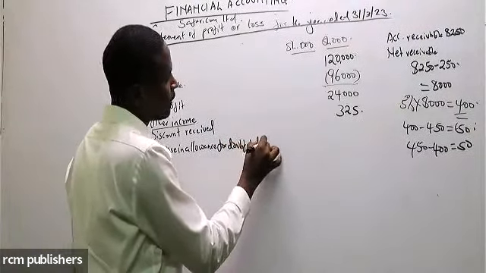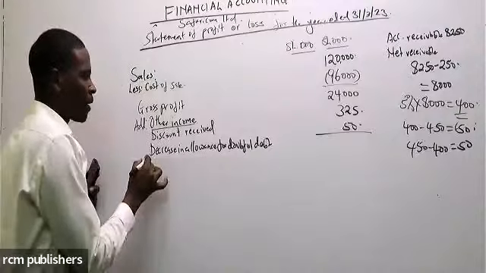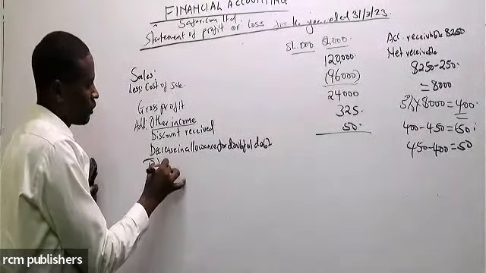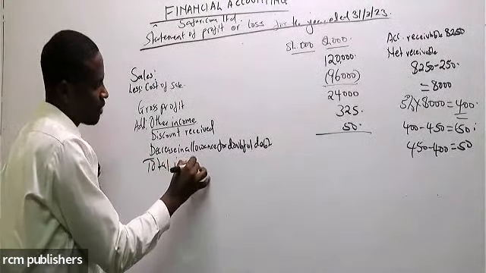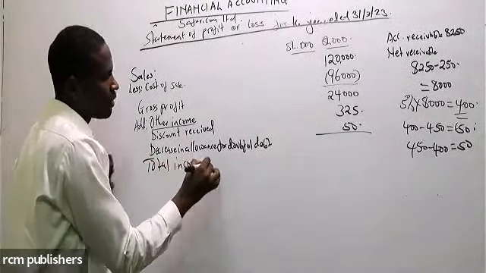Class, now in this case, we have 50. What will be the total income? It's simple. We add the 50 to get 24,375 as our total income.